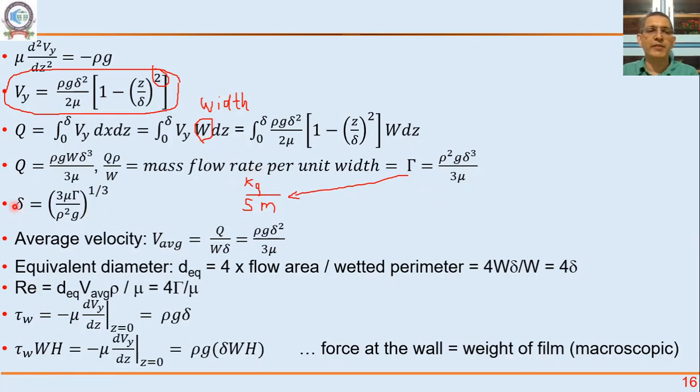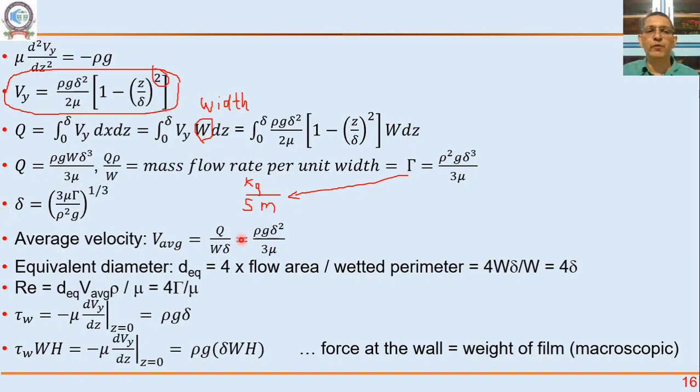I can write it in terms of delta. Delta is 3 mu gamma by rho square g, whole thing raised to 1 by 3. This result you are going to use again and again in heat transfer. It is a very important result for coating applications as well, whenever you are trying to draw a plate vertically from a molten polymer solution.